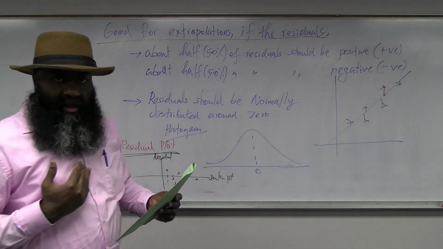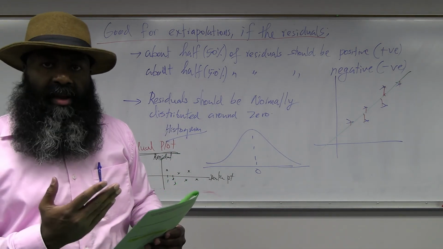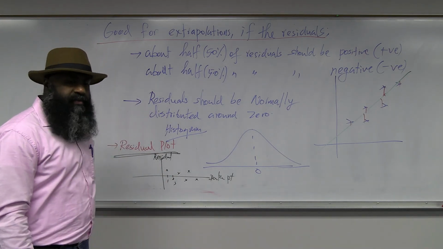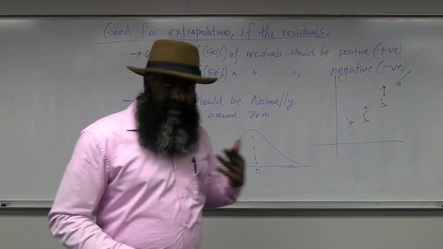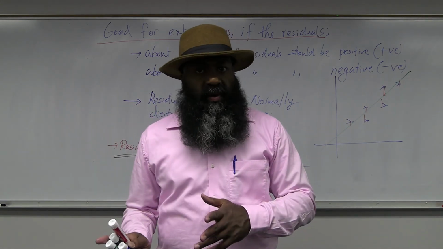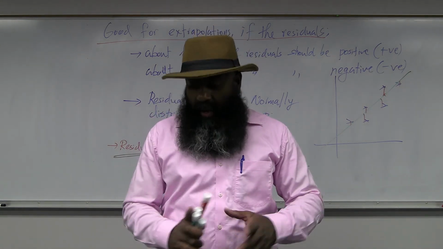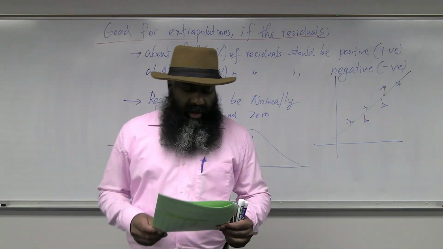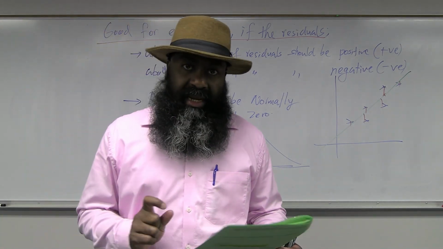So for me, it looks like both the histogram and residual plot confirm these three conditions. Therefore, I would say, yes, my regression equation is also good for extrapolations. We already saw that it is good for interpolations because R squared was above 80%. Now we can go on to point number 19.